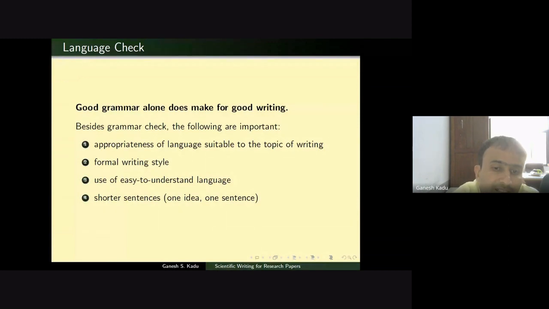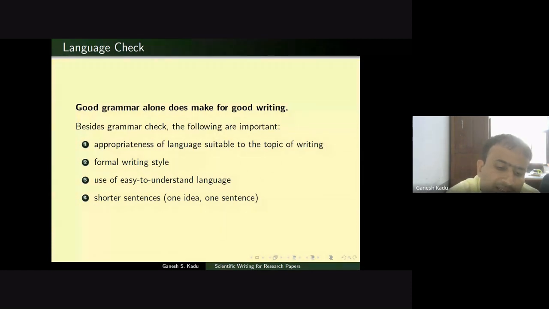One idea, one sentence. Often what happens is, you have some idea which is a little complex, and then you try to crunch everything into one sentence, and then it can be confusing for your reader. So a general principle that people often follow is one idea, one sentence.